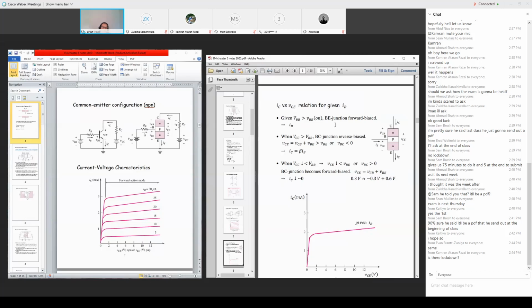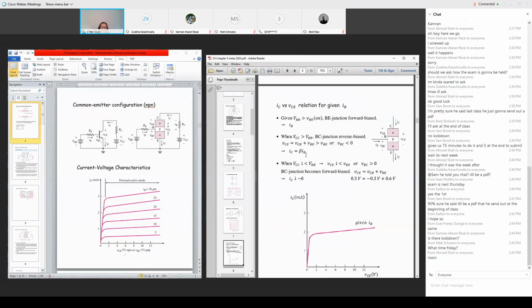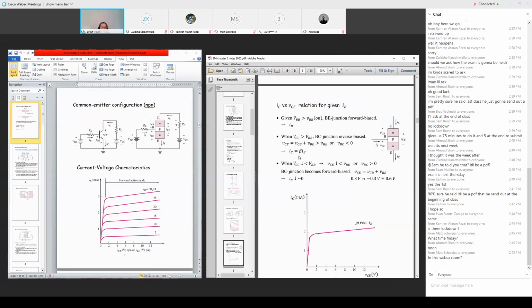So we satisfy these two conditions: when the power supply voltage VBB is greater than VBE on and VCC is greater than VBB, we satisfy the two conditions for forward active mode. In that case, the collector current will be linearly proportional to the base current, IC equals beta times IB. So the second condition holds only when we are running in the forward active mode.